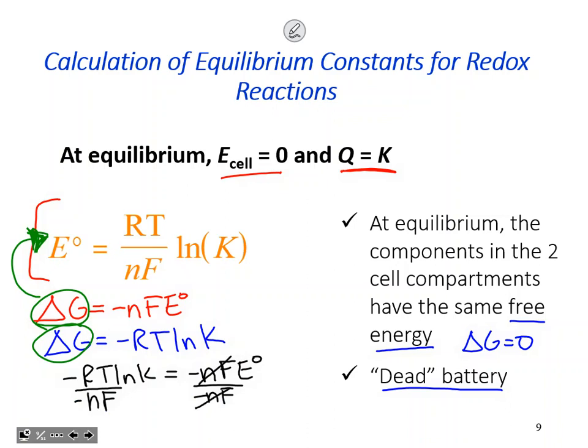This cancels and these become positive. So as you can see, E equals RT over NF ln K. So you can easily derive it from those other two. Both of these are on the formula sheet, so you don't have to memorize those. But this is an equation that might go a little bit quicker for you than having to work both of the other two.